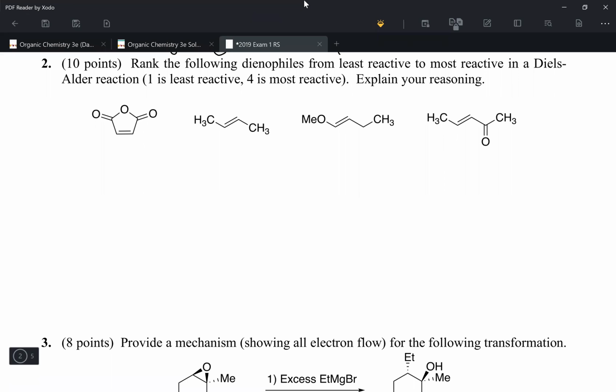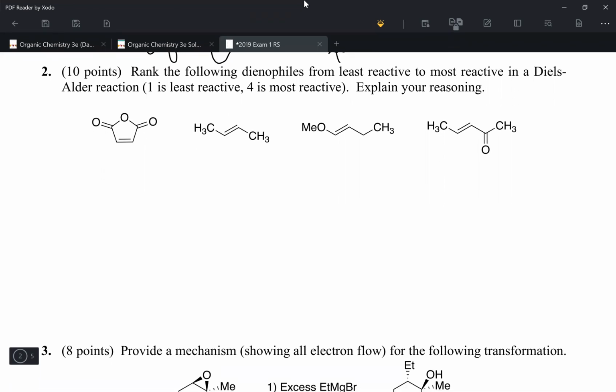Okay, all right, so rank the following dienophiles from least reactive to most reactive in a Diels-Alder reaction. So, water. I think someone asked this earlier. It was me. Okay, that's funny, but I understood when you explained it.